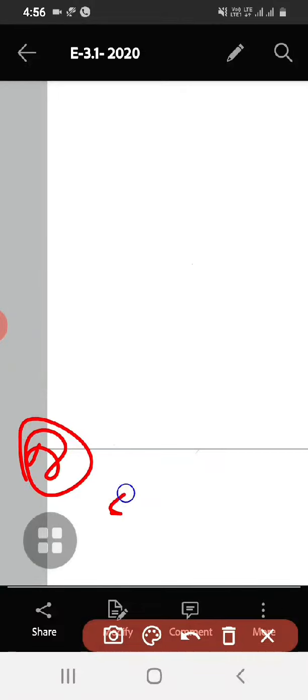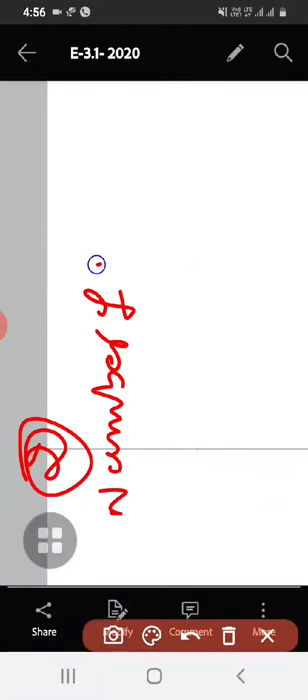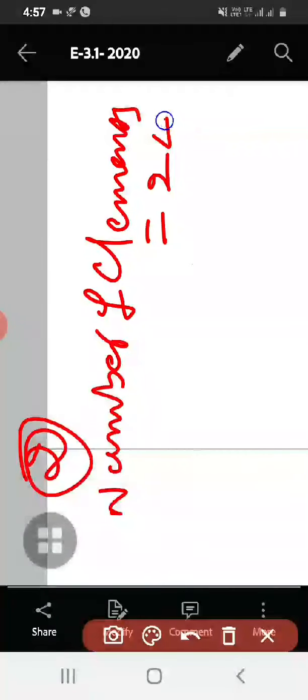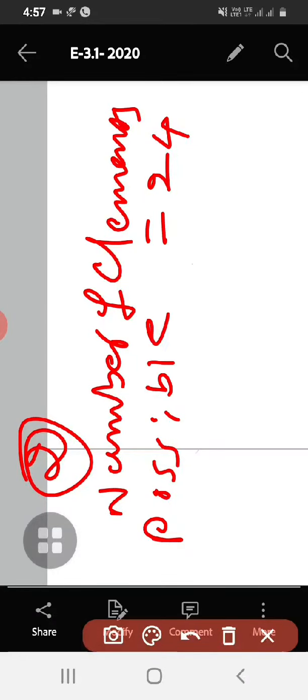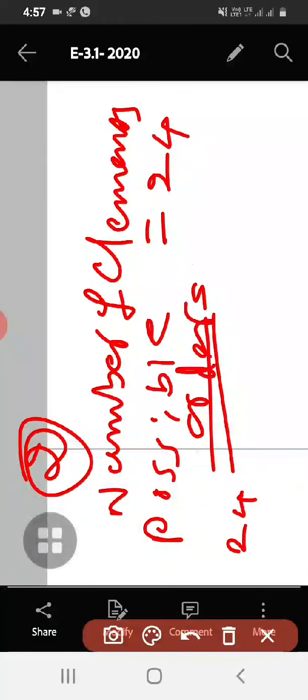So the number of elements is equal to 24. So if the total number of elements is 24, then what are the possible orders here? Possible orders are, see, 24 cross 1.